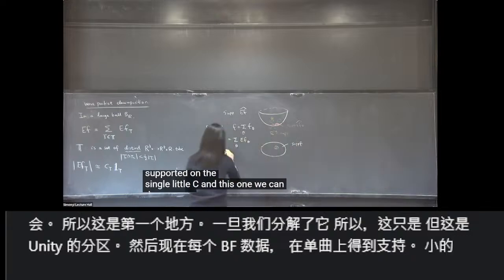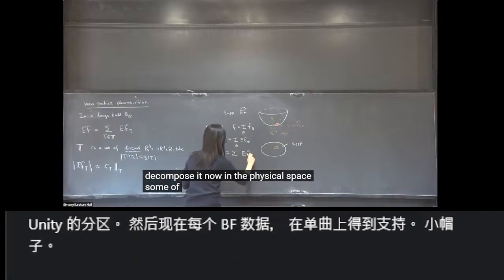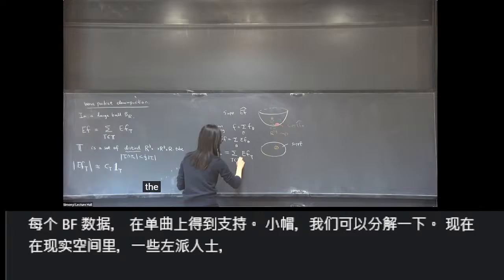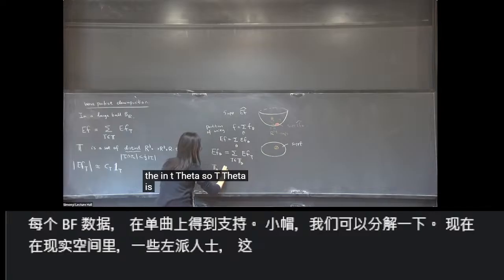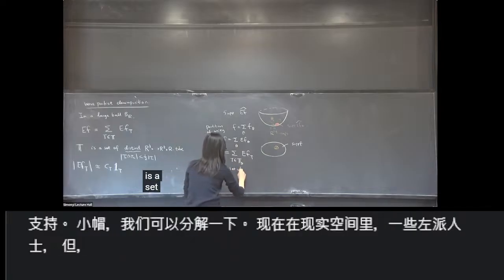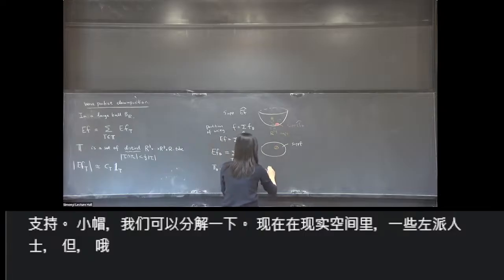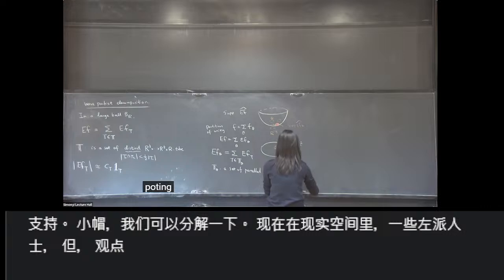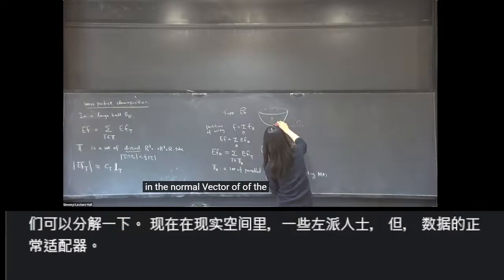And this one we can decompose now in physical space, as a sum of Ef over T in T_theta, where T_theta is a set of parallel tubes pointing in the normal vector of theta.